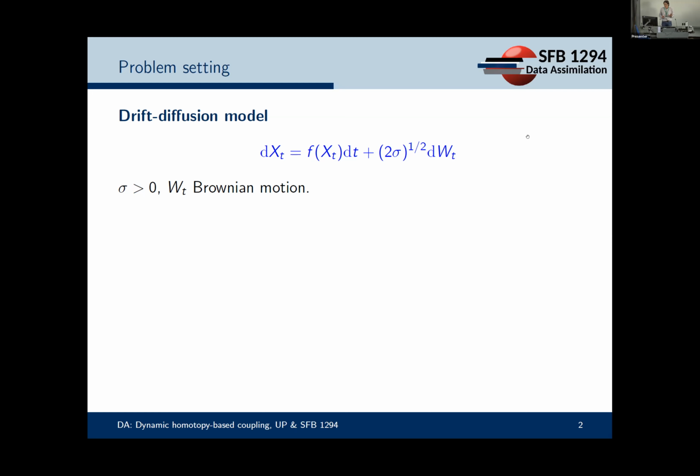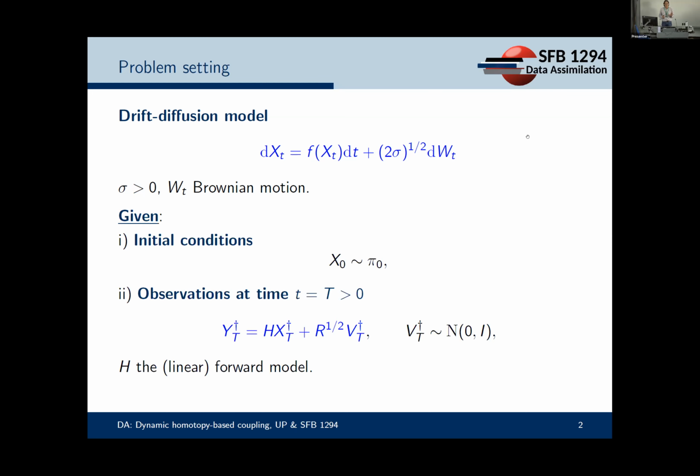The setting is that I will just look at a single cycle, because once you can do a single cycle, you can do plenty of cycles if things go well. A single cycle starts with some initial distribution, which comes from your last data assimilation cycle. Meteorologists would call that the last analysis.